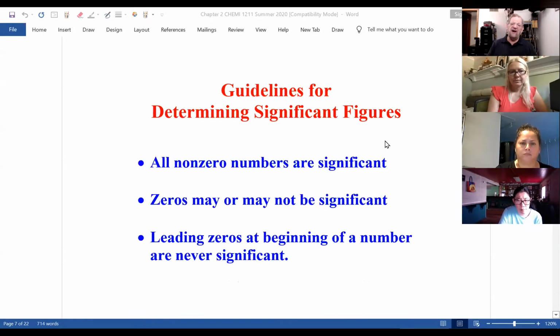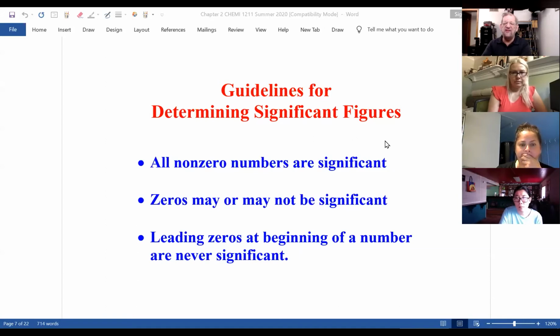Now, when we talk about numbers that you measure, for certain things, when you use those numbers, you have to determine how many significant figures are in that number you just measured. And there are rules or guidelines for determining, if you measure the temperature is 85.6 outside right now, how many significant figures are in that measurement.